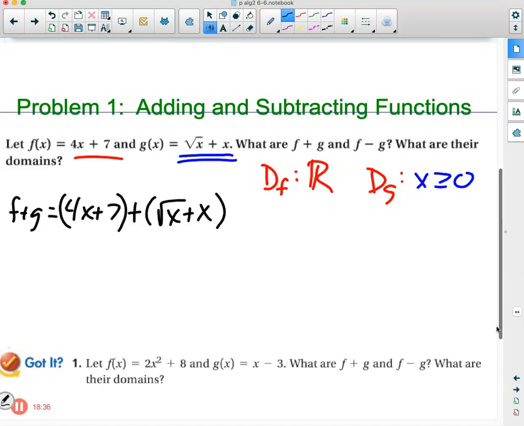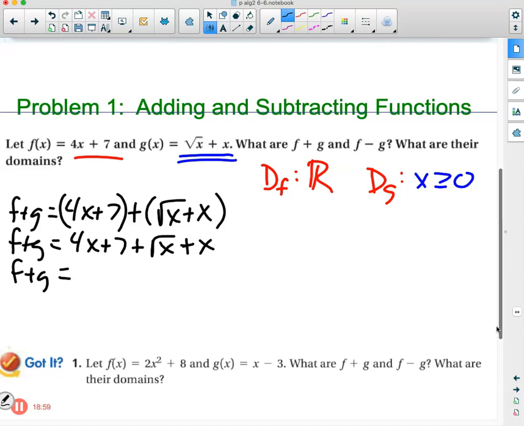When you add functions, you just need to combine like terms. So I'm going to do an extra step here. You wouldn't have to do this step, and just drop the parentheses since it's addition. So now all we have to do is combine like terms. Do we have any?